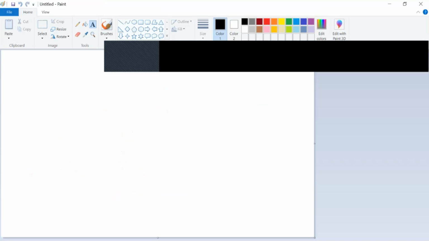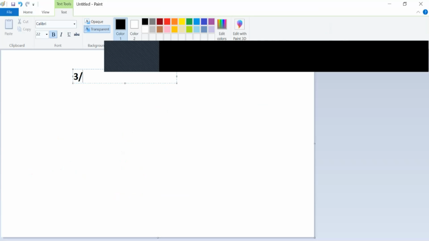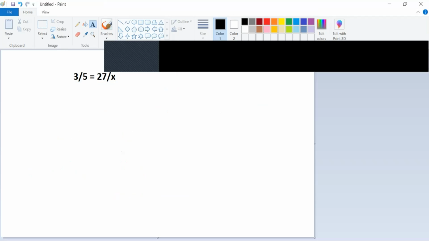Okay, 3/5 is equal to 27 over x, and I want to solve for x. Well, first thing I've got to get x on top. I don't want to solve for 1 over x. I want to solve for x.